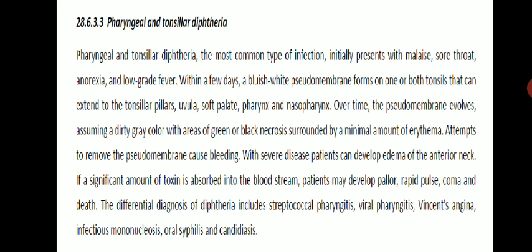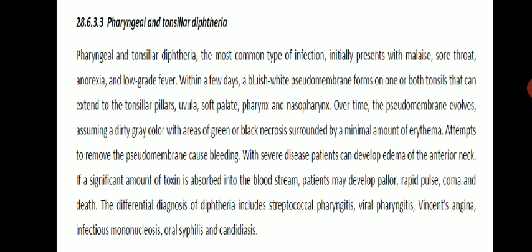Then next, pharyngeal and tonsillar diphtheria. This infection is related to the pharyngeal part as well as the tonsils. Pharyngeal and tonsillar diphtheria, the most common type of infection, initially presents with malaise, then sore throat, anorexia, and low-grade fever.